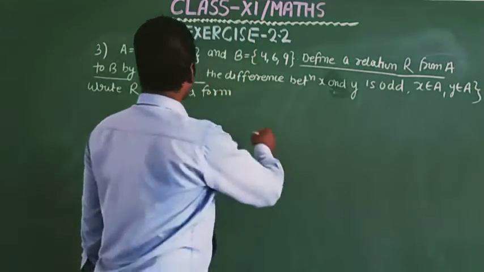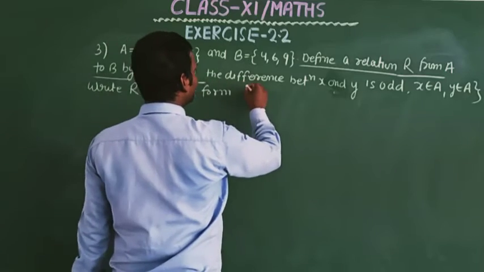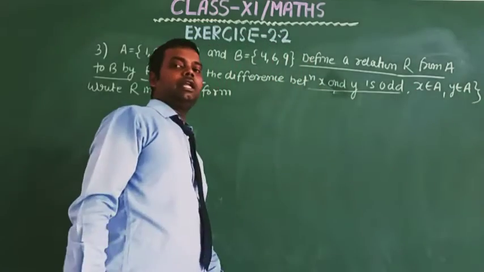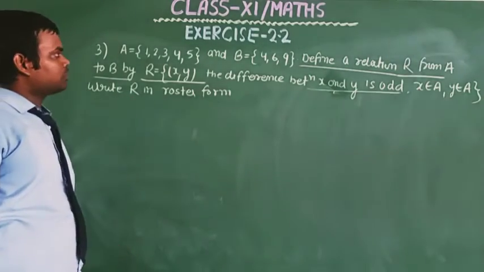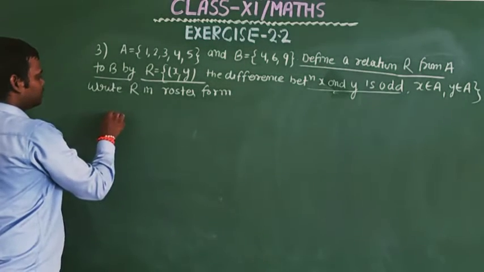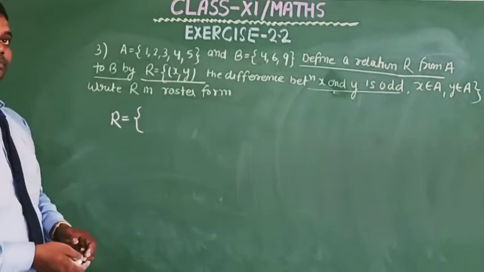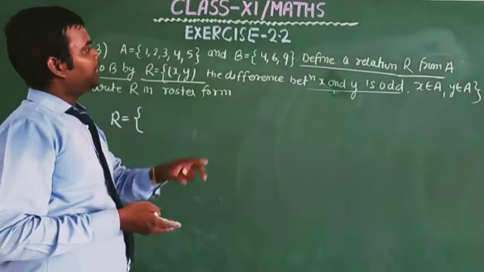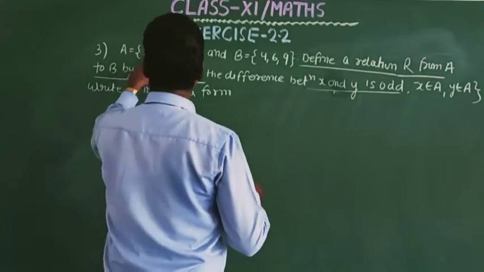Okay, the relation is defined by ordered pair (x, y), where the difference between x and y is odd, where x belongs to set A and y belongs to set B. Write relation R in roster form. So let us find where the difference is odd.